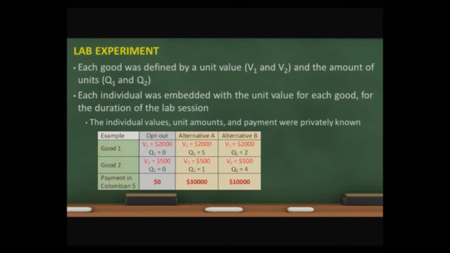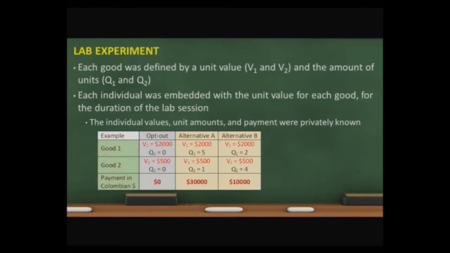Each good was defined by 2 variables, a unit value and the amount. The unit value, how much you value 1 unit of this good, was given to you at the beginning, different and private. He knows his value, and one doesn't know the other's value.